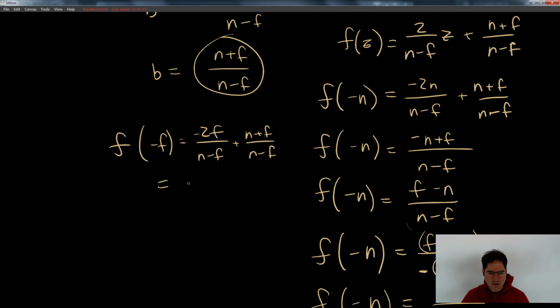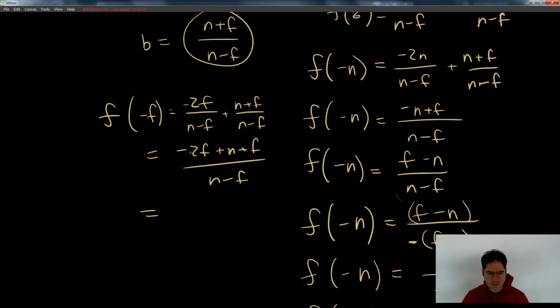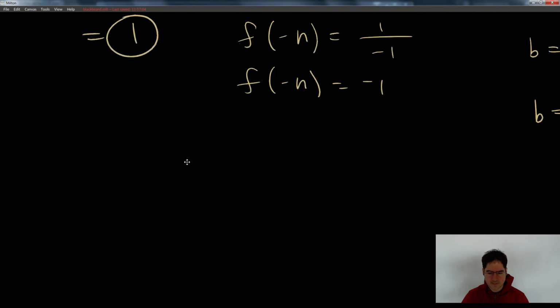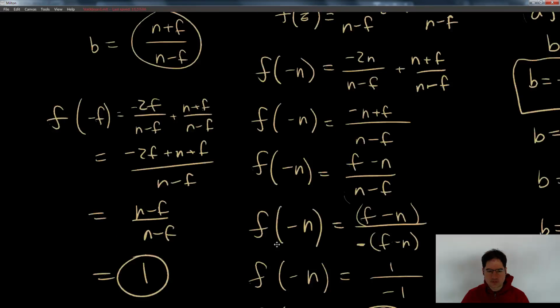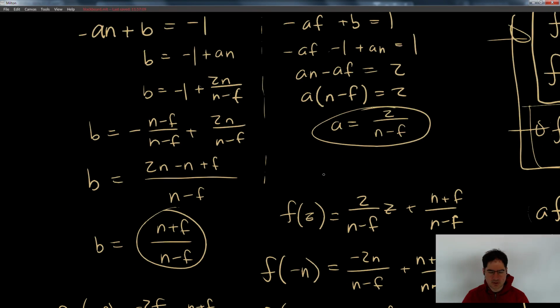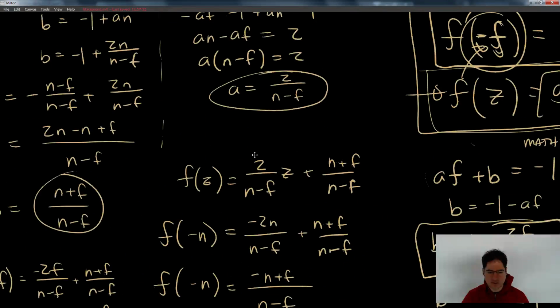And same thing. Going to do -2f plus n plus f over n minus f. And now we say, well, okay, that's -2f. That's going to be n minus f over n minus f, which is 1. So those are the two answers that we wanted. That's a good thing. And so I think we can go ahead and use this guy.